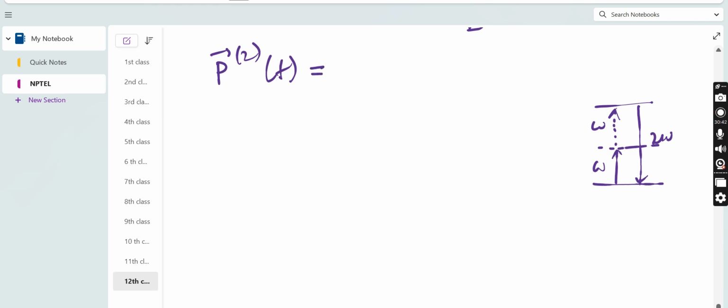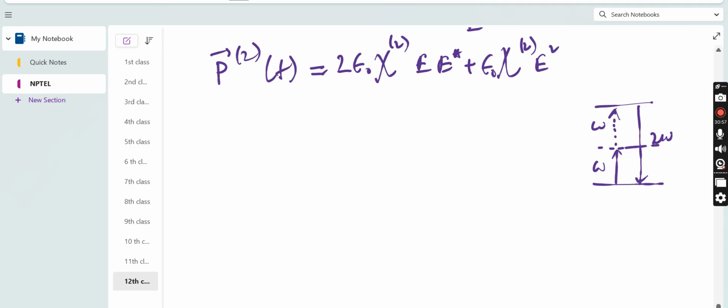So polarization will become 2 epsilon naught chi 2 E E star plus epsilon naught chi 2 E square e to the power minus i 2 omega t plus epsilon naught chi 2 E star whole square e to the power plus i 2 omega t.